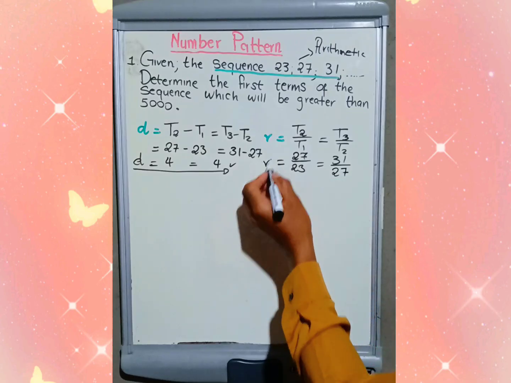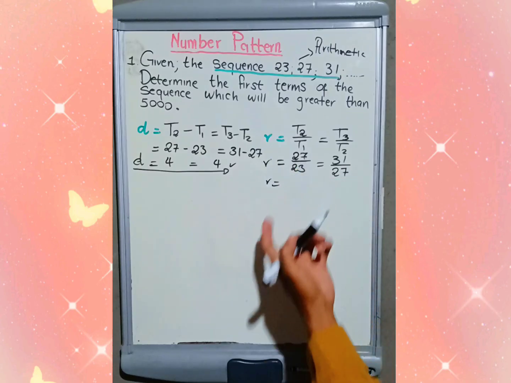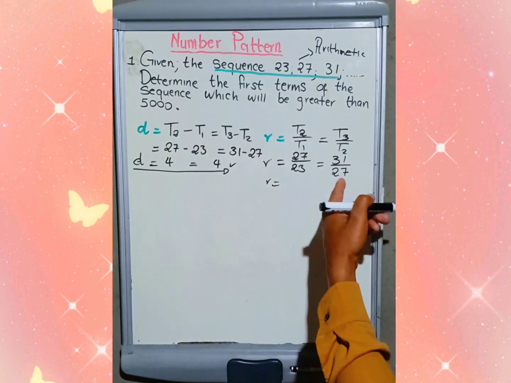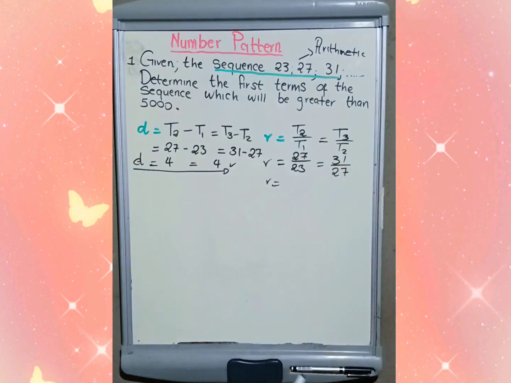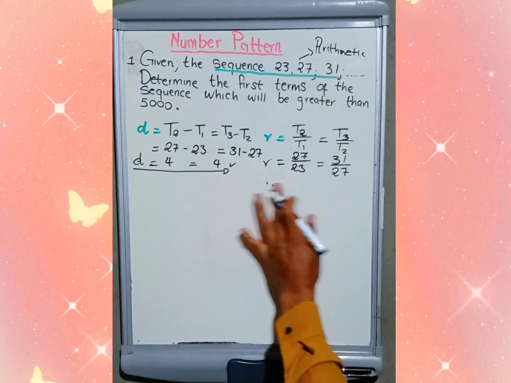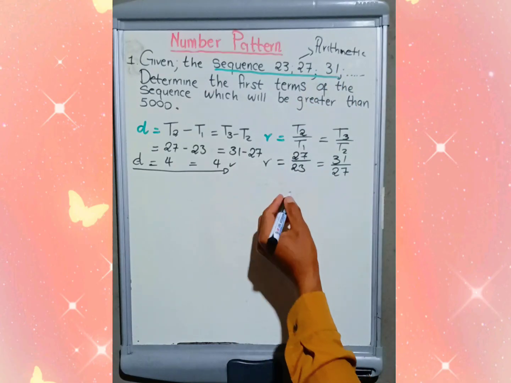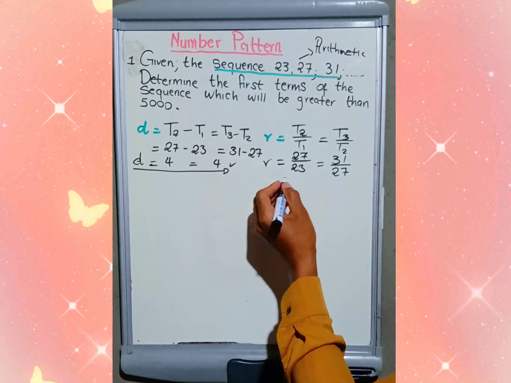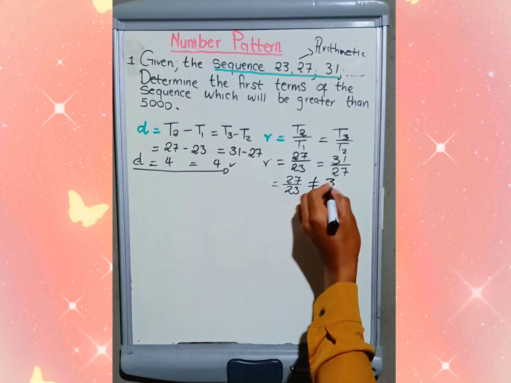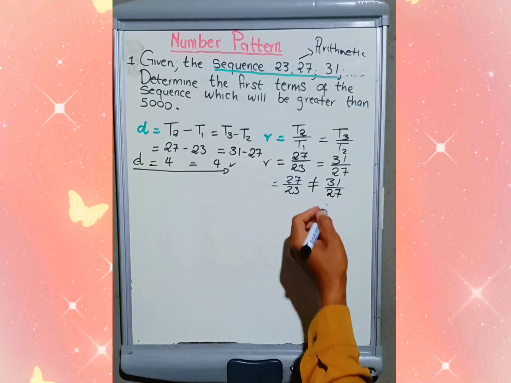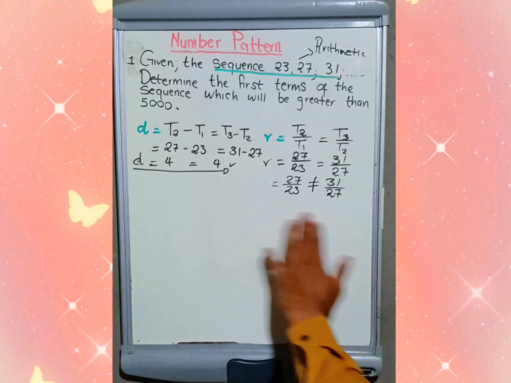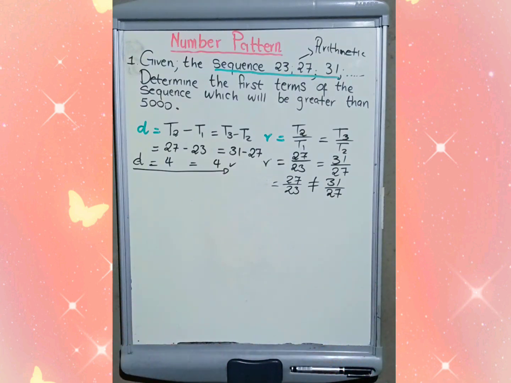Do you see that the value of r is no longer the same? 27 over 23 is not equal to 31 over 27. Therefore, this is not a geometric sequence, because it doesn't have a constant ratio.